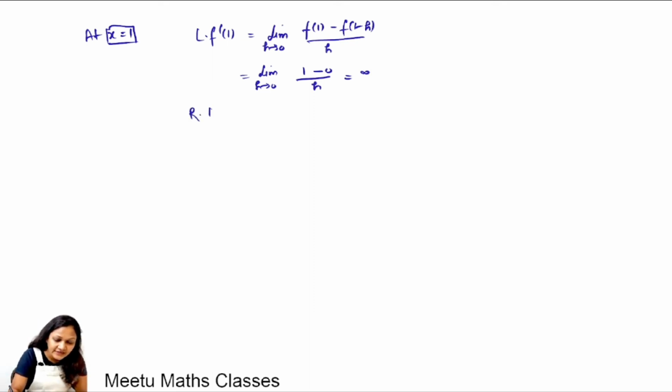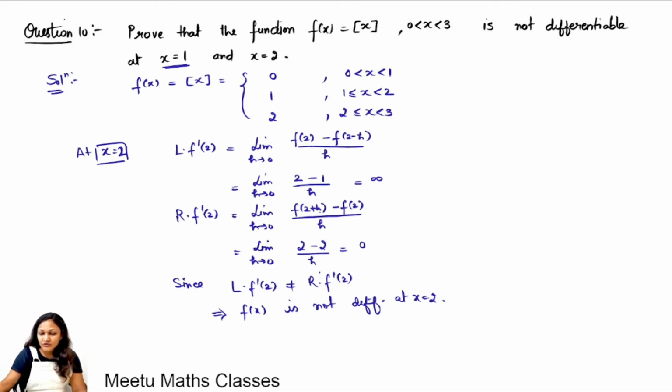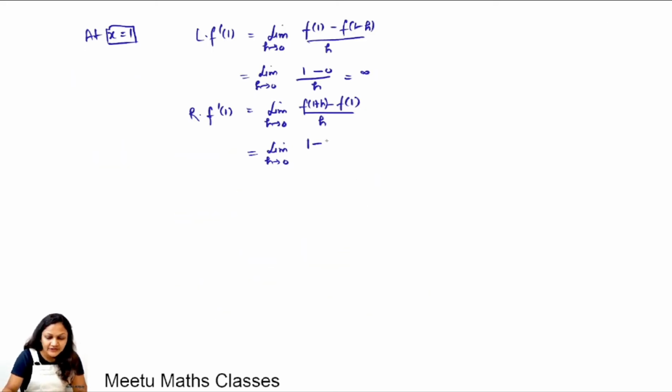And the right hand derivative at 1 is defined as limit h tends to 0 of f(1 plus h) minus f(1) upon h, and to the right of 1, your function is defined as 1 and f(1) is also 1, so it will give you 0.